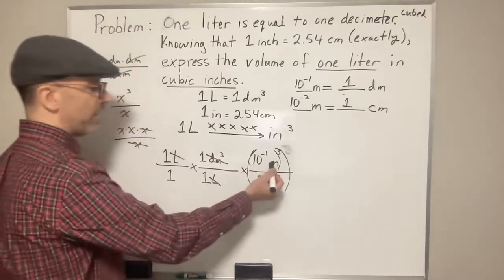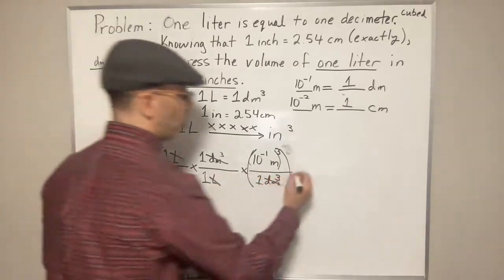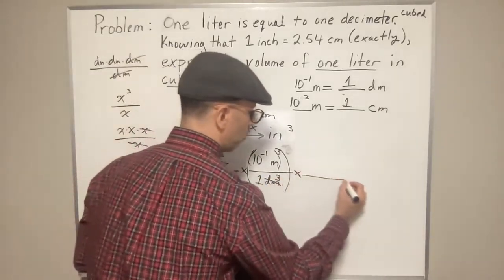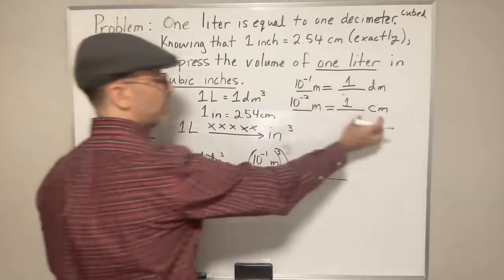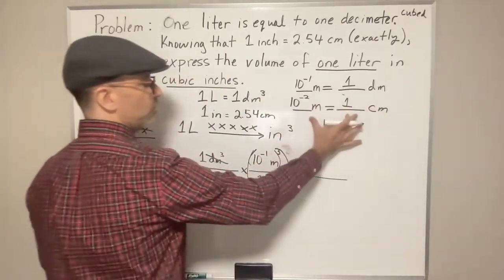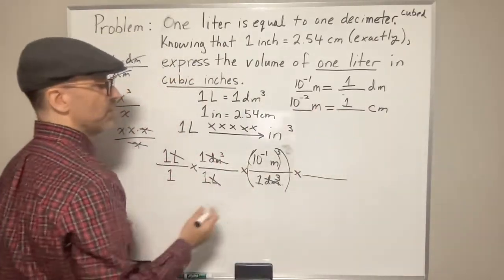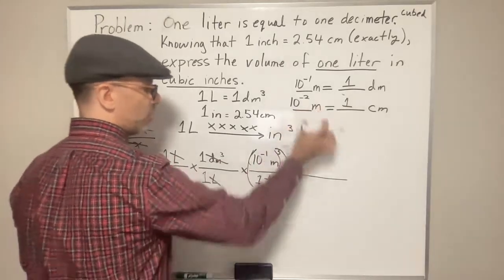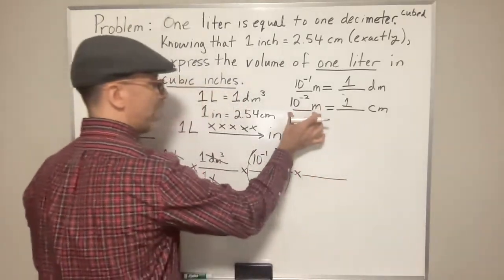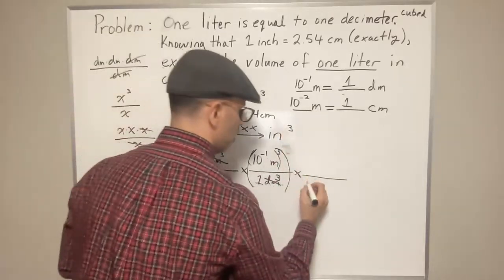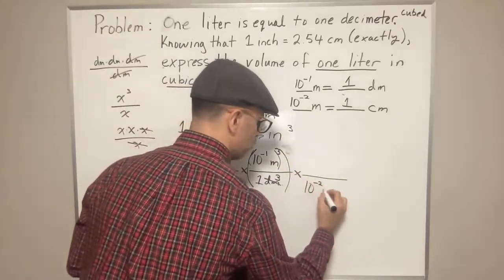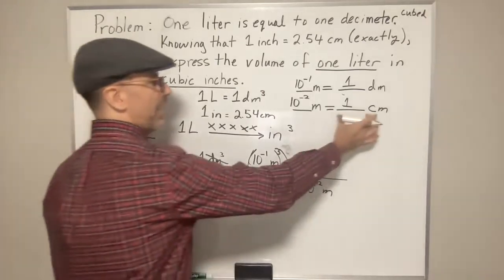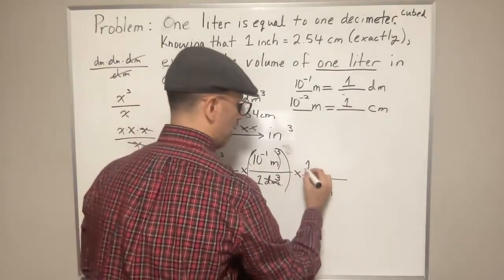Okay, so now we have meters cubed. And my next step is to go from meters cubed to centimeters cubed. Now I'm going to use this relationship here. Since I have meters cubed on top, I want meters on the bottom. So I'm going to put 10 to the negative 2 meters on the bottom, and then 1 centimeter on top.